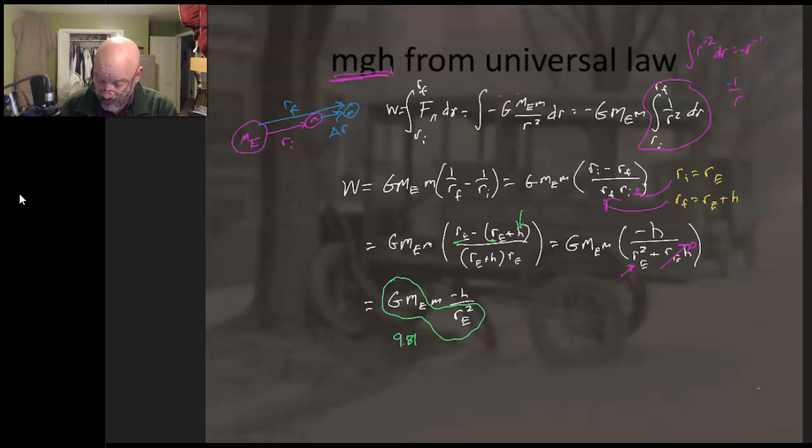So what we've ended up with here is minus mgh, just like that. That's how you get from Newton's universal law to how we normally think about the force of gravity, mg, and in relationship to energy. Anyway, you could follow this approach before I move on.